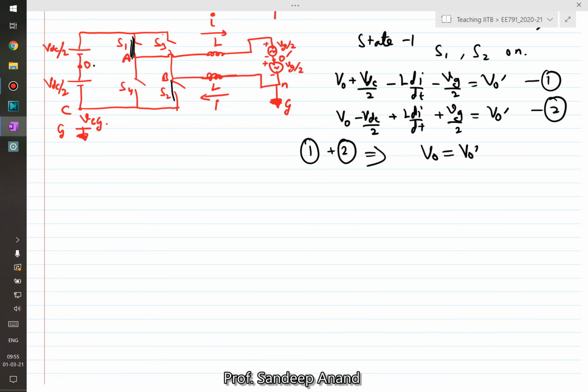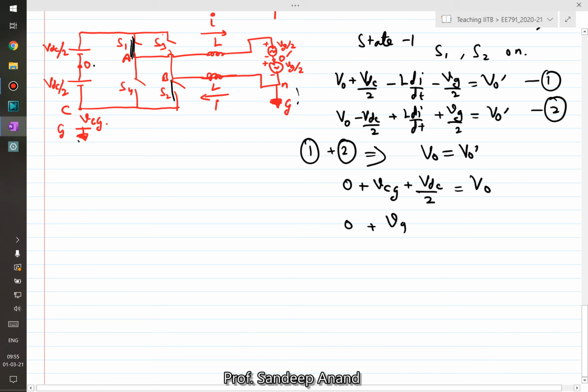Now what we were interested in, VCG, so I can now write what is VCG. Let me start from the ground, zero potential, 0 plus VCG plus VDC by 2. This gives me VO, and I can similarly write an equation on the right hand side, again starting from ground. 0 plus Vg by 2 gives me VO prime.